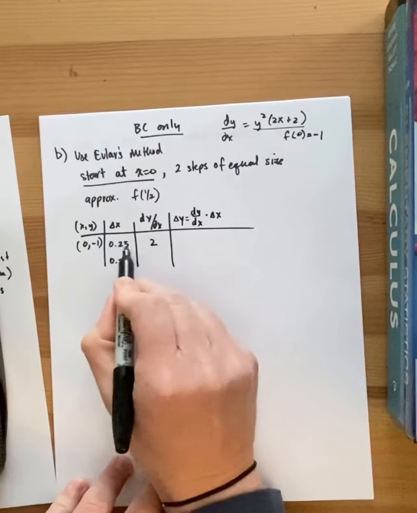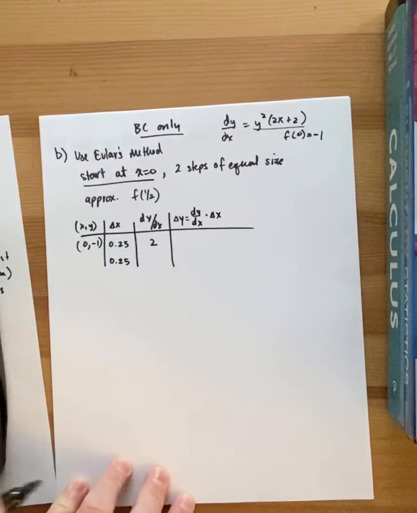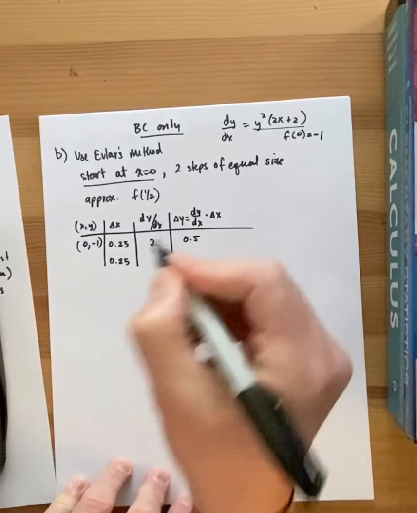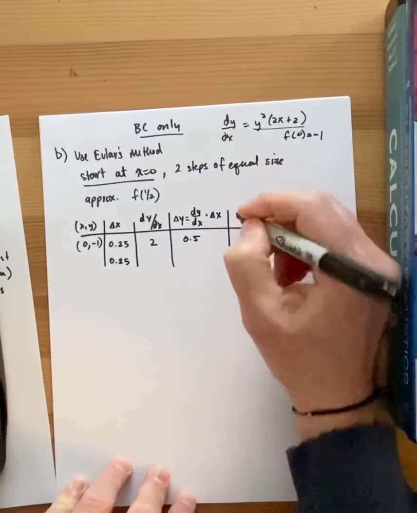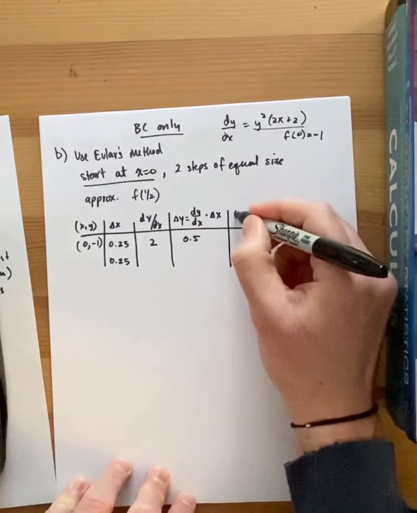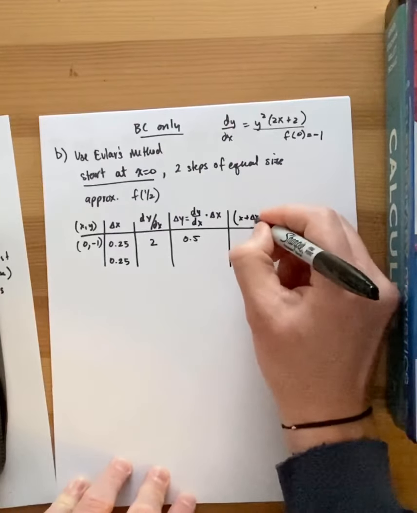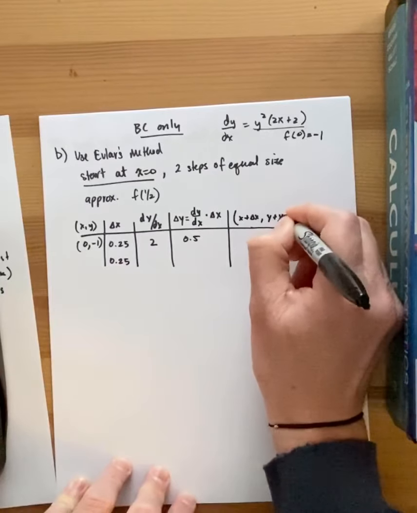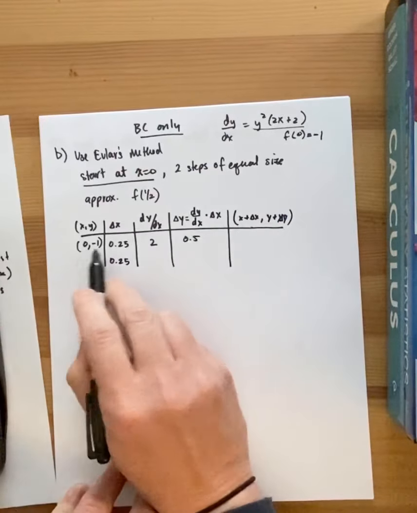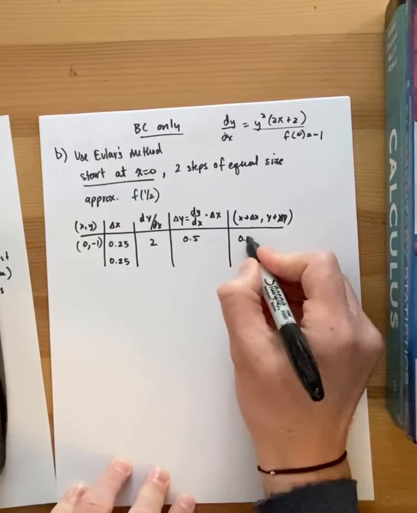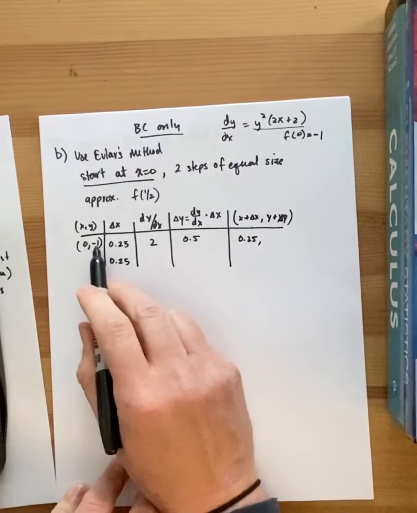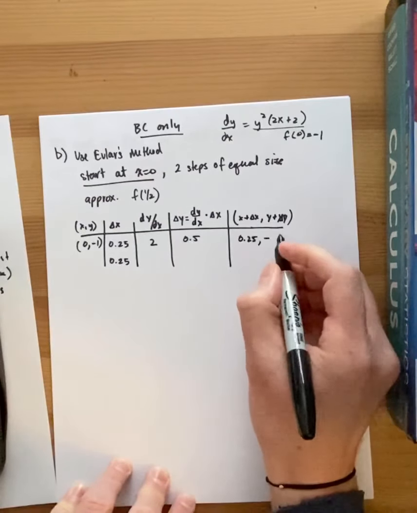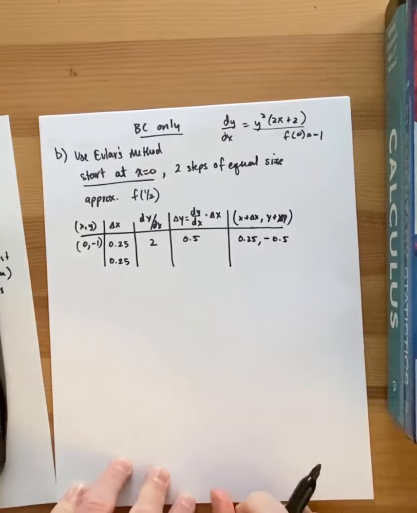So you're multiplying these two columns together, and that should give us 1/2 or 0.5, however you want to write it. And then x plus change of x and y plus change of y. So here we are going to get 0.25, comma, -1 plus 0.5 is going to give me a -0.5 on that first one.